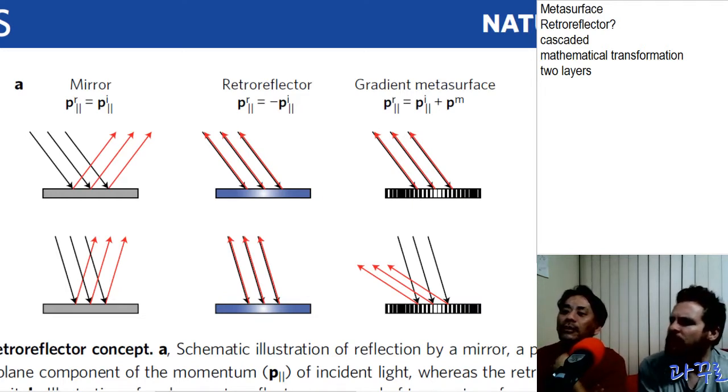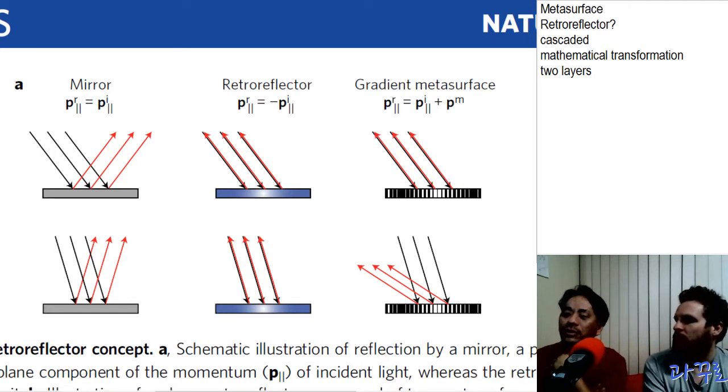And then it seems to be implying that the gradient metasurface has a specific angle at which the light is bent from its incident angle. So it seems the angle of reflection is equal to the angle of incidence plus some vector Pn.